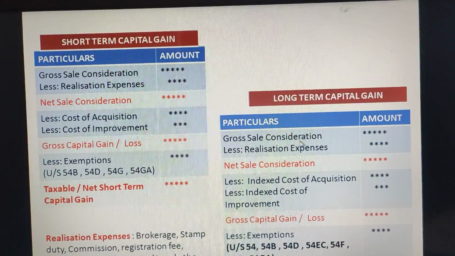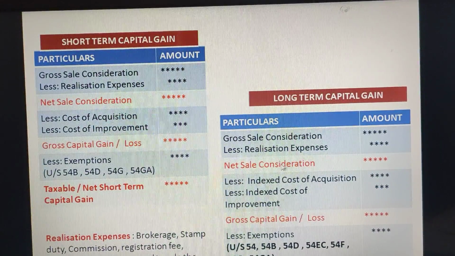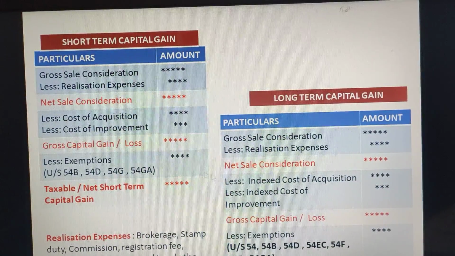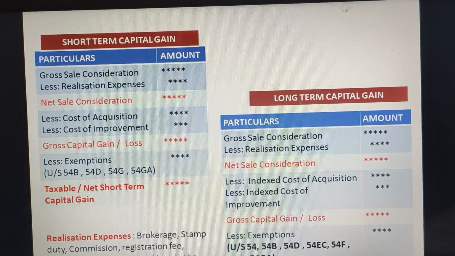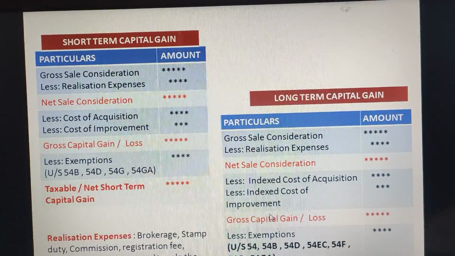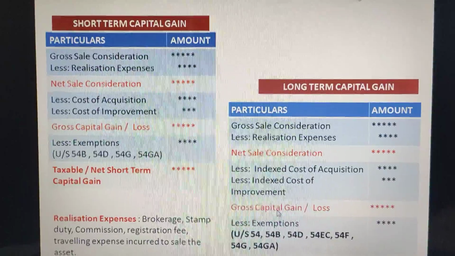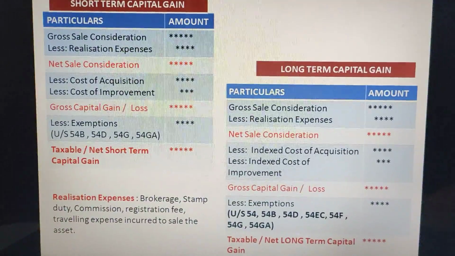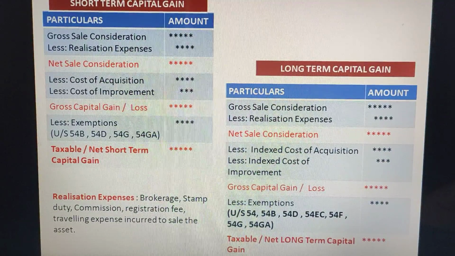Gross sale consideration minus realization expense will give you net sale consideration, minus indexed cost of acquisition, minus indexed cost of improvement, will give you gross capital gain. Then from that you write the exemptions, and you get net capital gain.